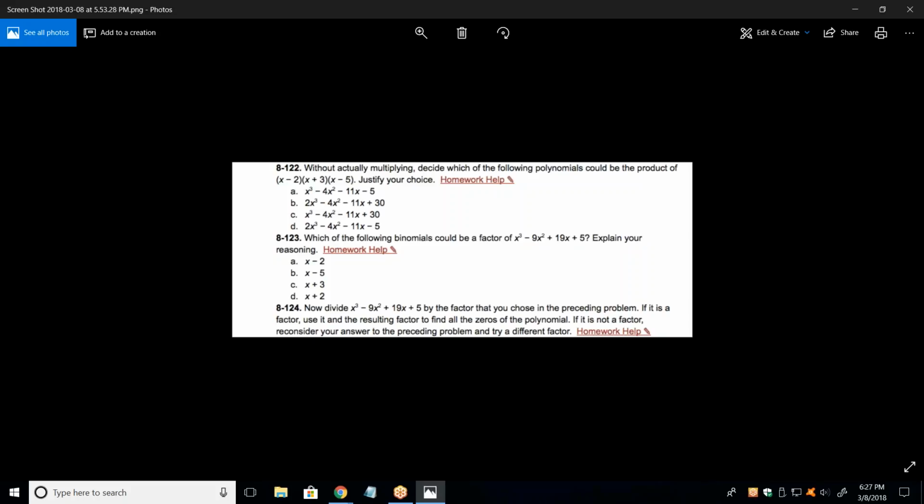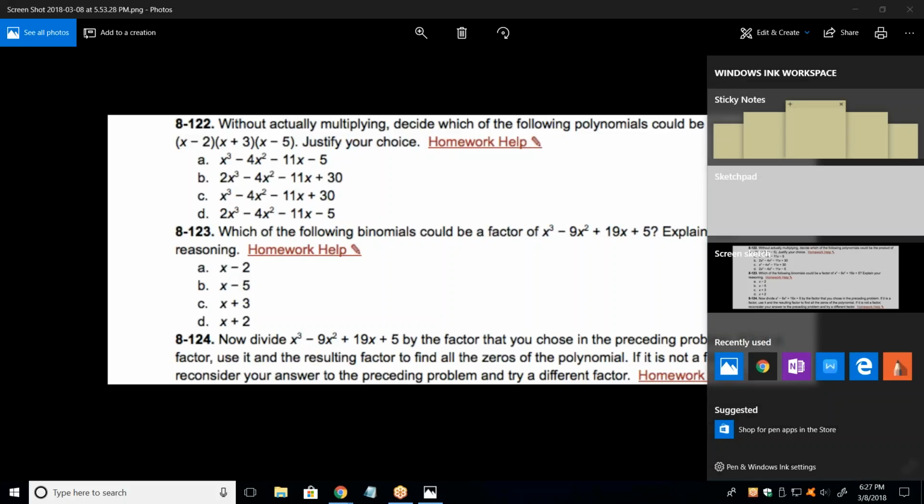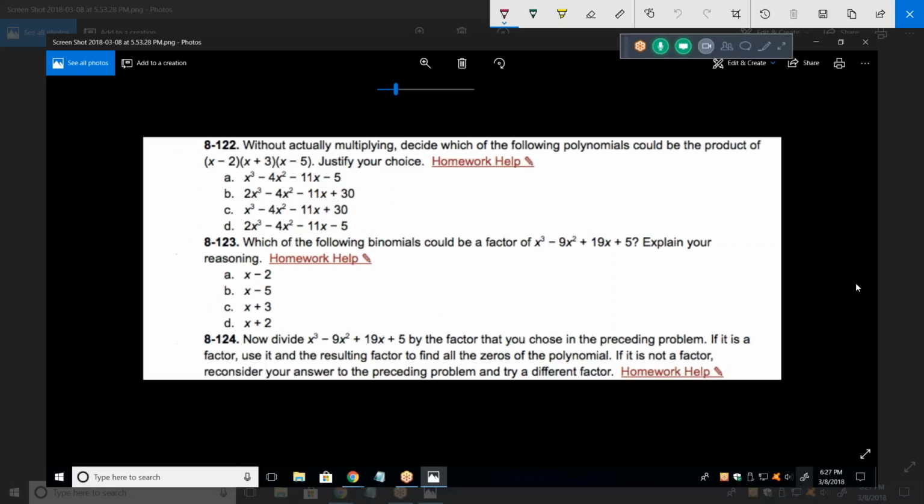Okay. This is a good one. I love this stuff. This really, really does test your understanding of it, much more so than most homework would. I love it when it says without actually multiplying. That's really going to test your understanding of it.